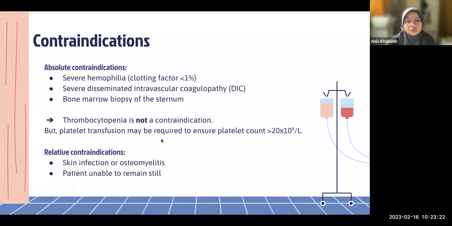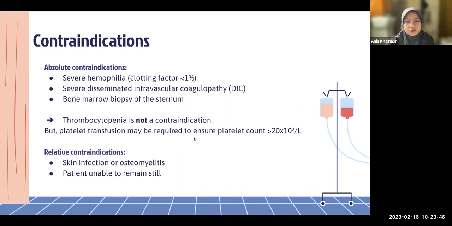Okay, thrombocytopenia is actually not a contraindication. However, prior to doing this test, we need to do a full blood count and even a full blood picture to ensure that the patient's platelet count is at least more than 20. Then we can do the BMAT.